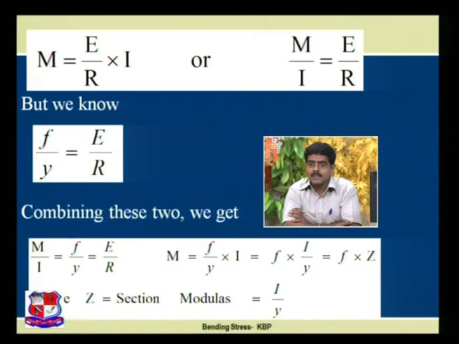It is termed as Z. So Z is equal to I by Y. So finally, an equation we got in terms of the moment of resistance is M is equal to F into Z, where Z is equal to I divided by Y.